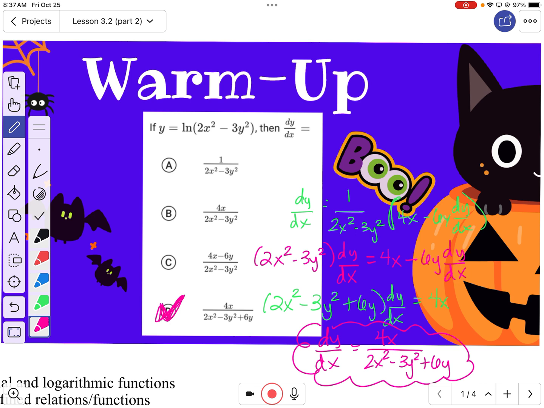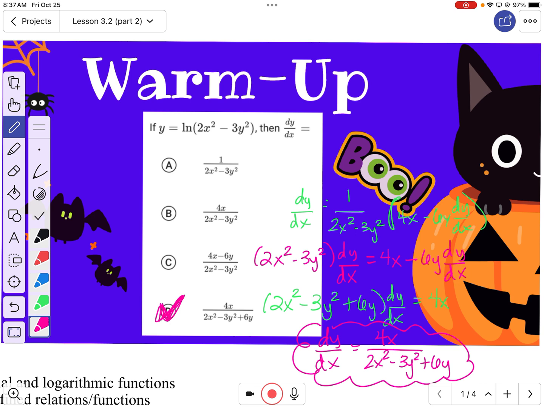When I pull that 6y over, because that 2x squared minus 3y squared term is multiplied by the whole dy/dx, if I distributed it, they'd all have a dy/dx. So I can pull the minus 6y over and put it in that parenthesis because it too has the dy/dx.